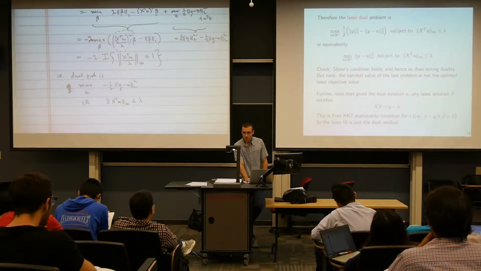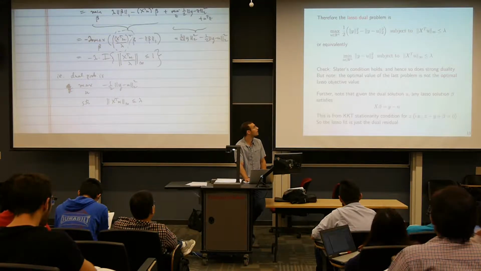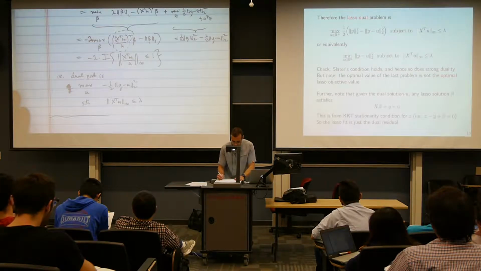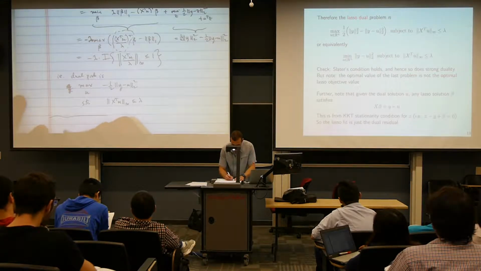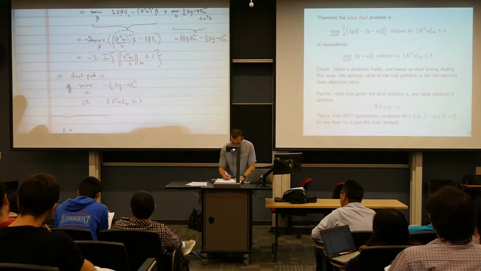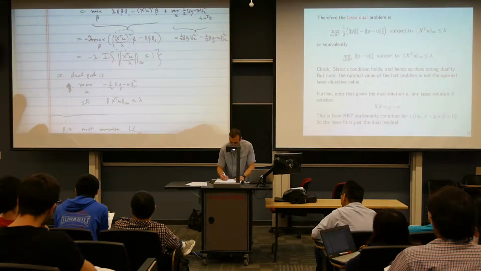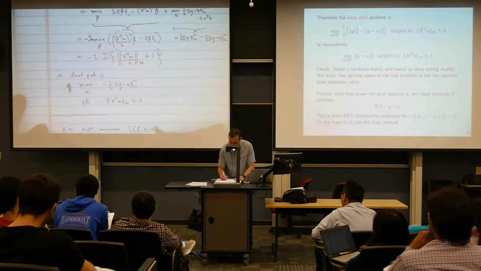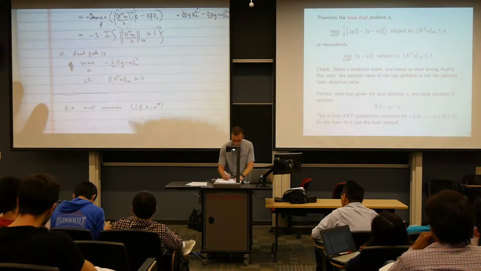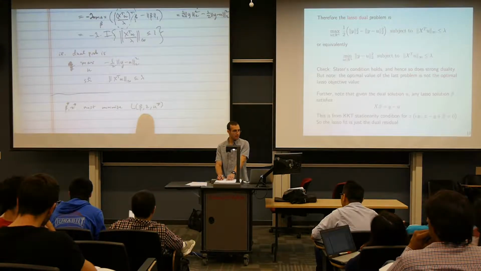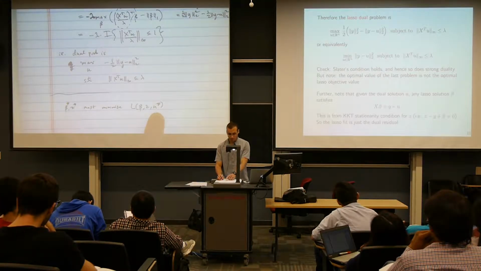So if we go back to the stationarity condition that relates these two, it tells us that beta and z must minimize L of beta, z and u star. So the optimal primal solutions must minimize the Lagrangian once I stick in my dual solution.